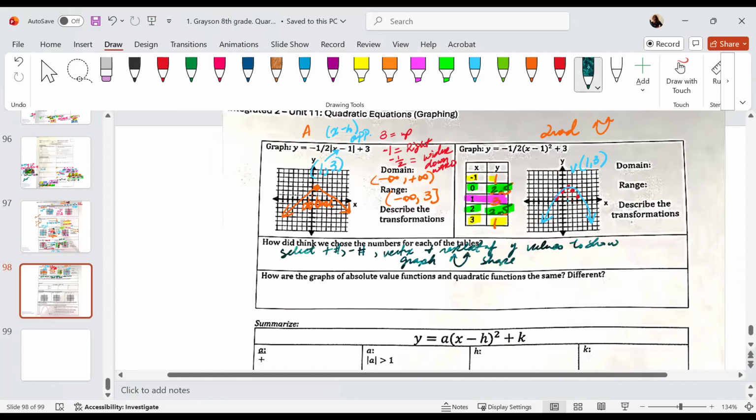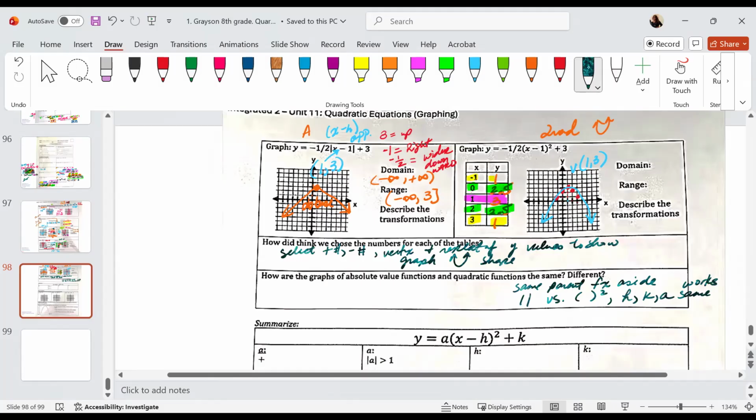How are the graph, absolute value function, and quadratic the same or different? They do have the same parent function, aside from the this versus this. And also the h, k, a work the same, right?